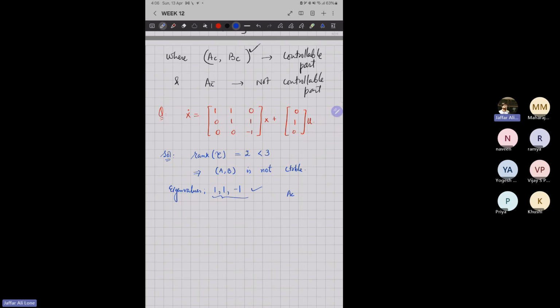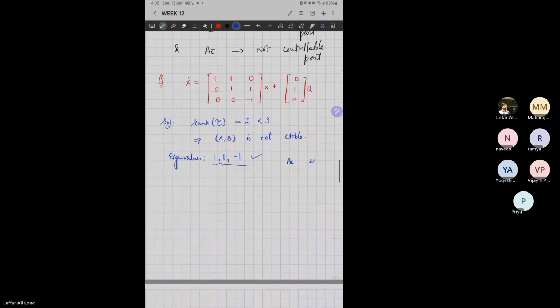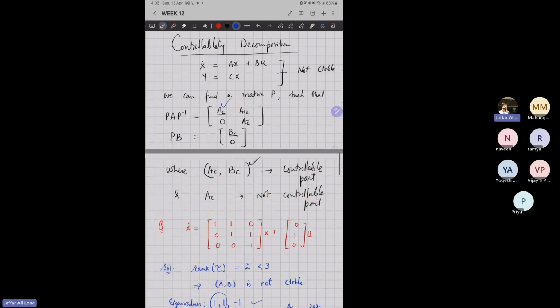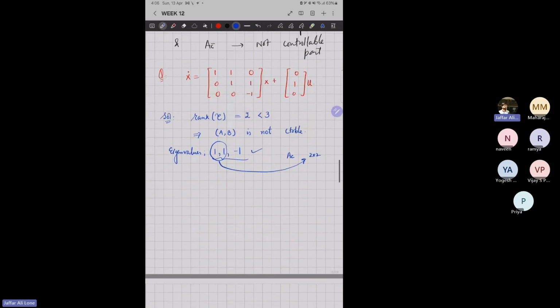If my controllable part AC is 2 by 2, then the eigenvalues 1, 1 will correspond to this controllable part. Similarly, the eigenvalue associated with AC bar will be minus 1.